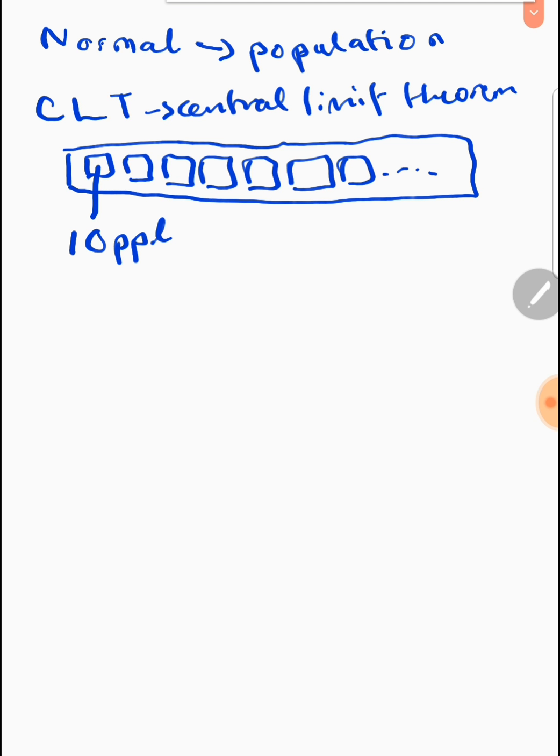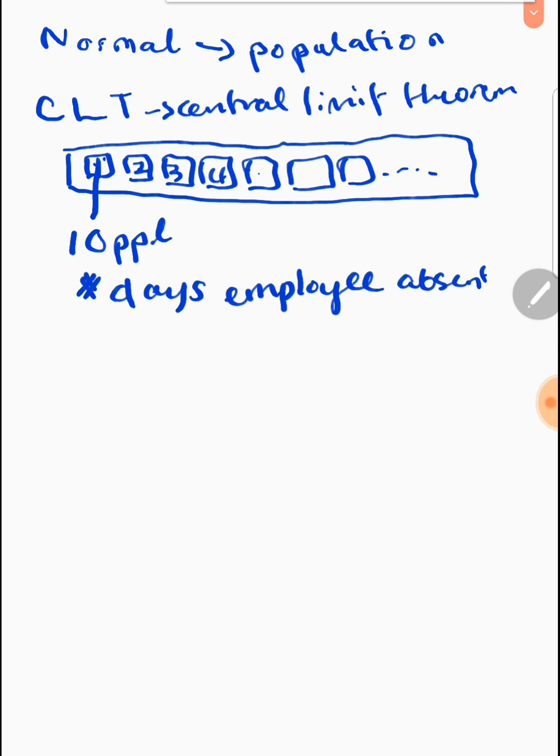Say we want to get the number of days that an employee is absent in a year. How do we solve this question? What you will do basically is get the average score for each room, correct? So I have room 1, room 2, room 3, room 4, and so on.